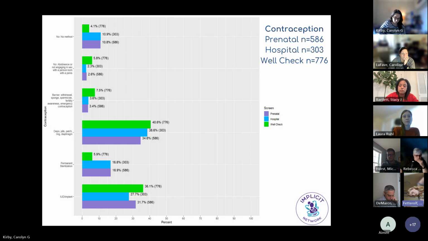That is something we will be able to look at: if a birthing person has answered that question in all three forms, what did that look like? Did they plan to do a certain method like Depo and end up with that method, or did their plans change? Next slide.